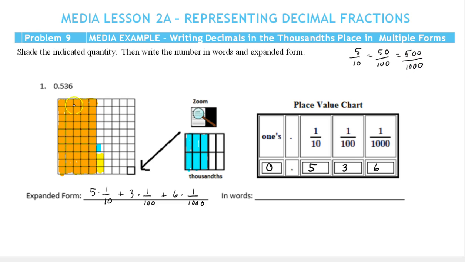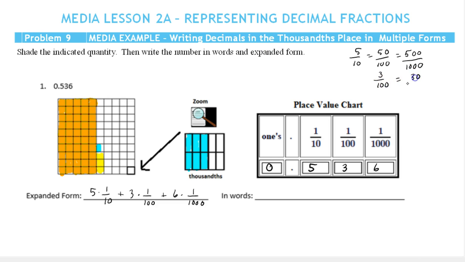Our reasoning is if you have these 5 orange strips, we can easily see that would be 50 of the hundredths, the yellow squares. Each hundredth has 10 thousandths, so each of these 50 would have 10, which would give us 500 thousandths.